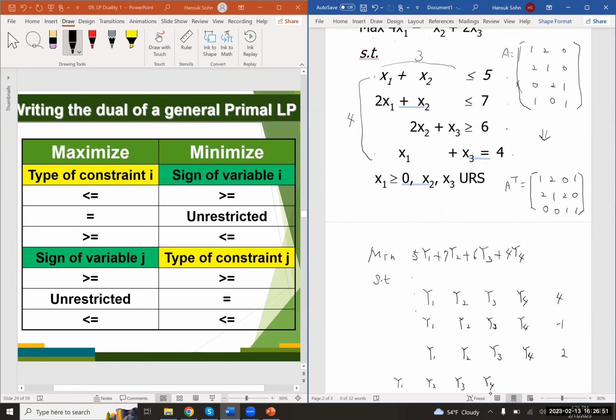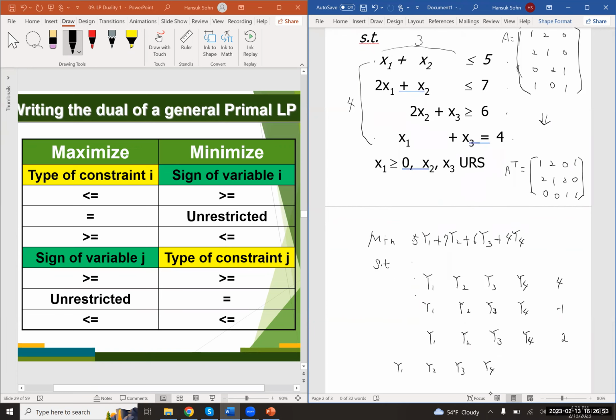So we are going to have 1, 2, 0, 1, and 2, 1, 2, 0. And we have 0, 0, 1, 1. Okay. Oh, sorry, I didn't mean to.